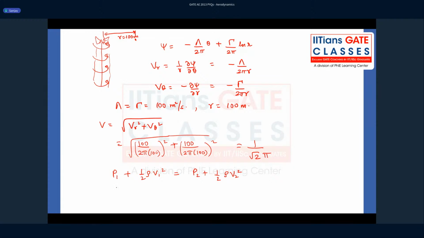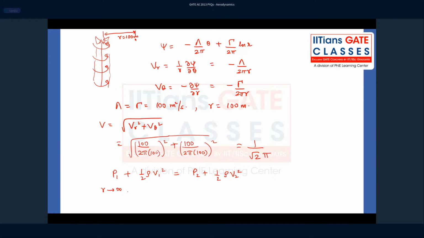Why am I choosing it to be infinity, guys? Because when your r becomes infinity, your velocity is going to be zero, right? The velocity components go to zero, so that in essence, it becomes a stagnation point. So for such a flow, the stagnation point is at r at infinity, right?